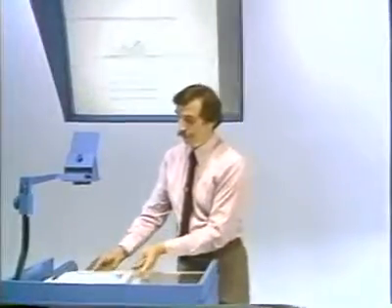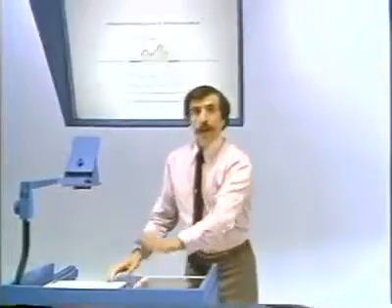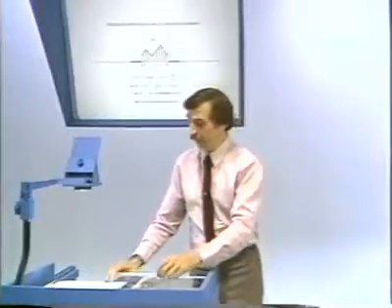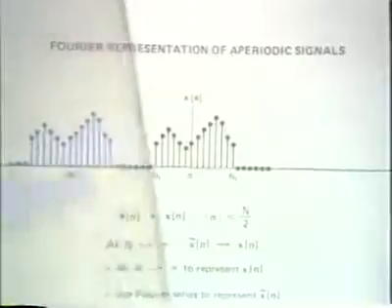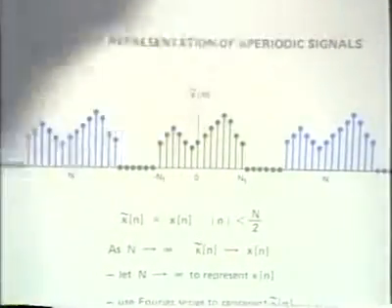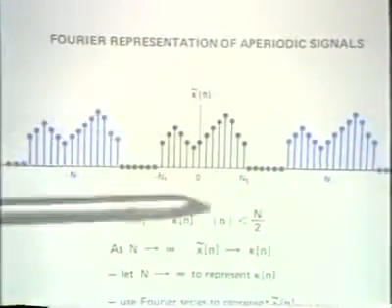So the basic notion in representing a discrete time aperiodic signal is to first construct a periodic signal. Here we have the aperiodic signal. We construct a periodic signal by simply periodically replicating the aperiodic signal.